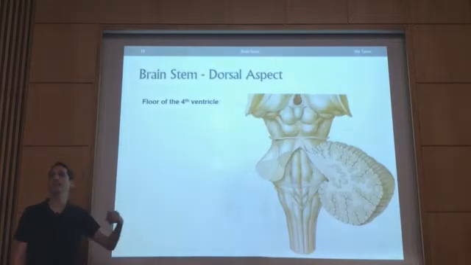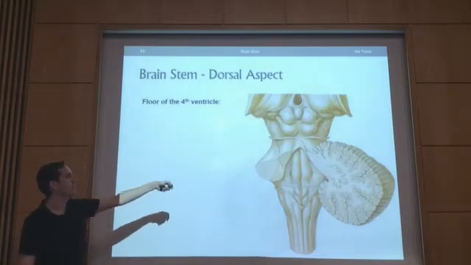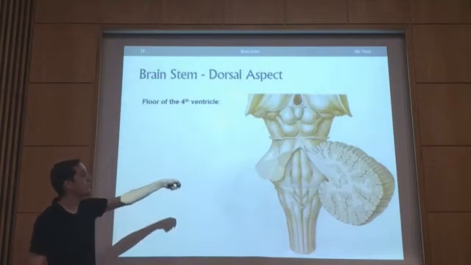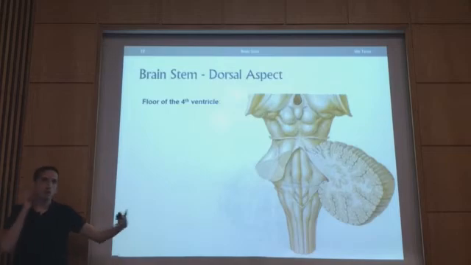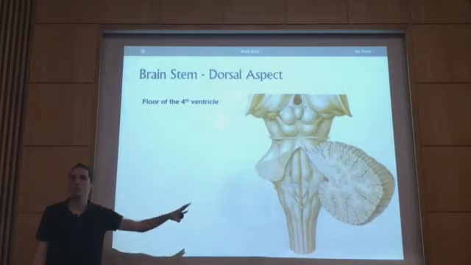The fourth ventricle is between the brainstem and the cerebellum. We refer to this region as the floor of the ventricle, although in the human brain it would make more sense to call it an anterior wall, right?